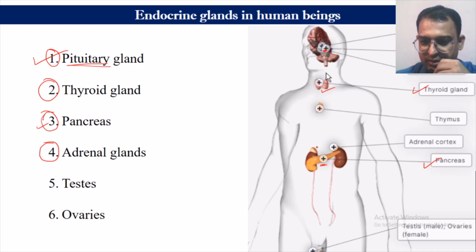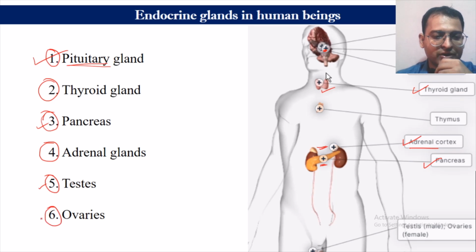They are just above the kidney. Testis is present in males, below the abdomen. Ovaries are present in females, also below the abdomen. So we will look specifically at these 6 endocrine glands in human beings. Let us see one by one.